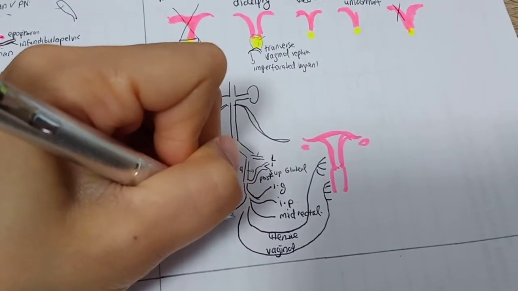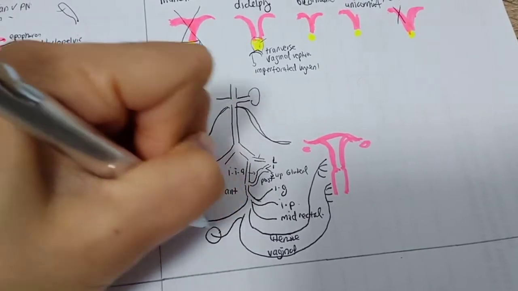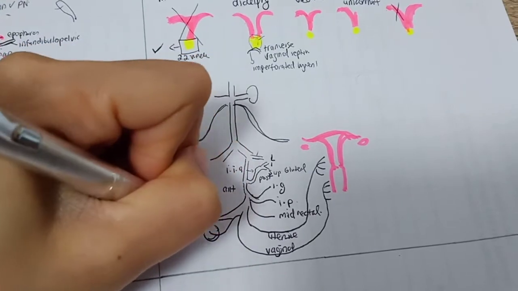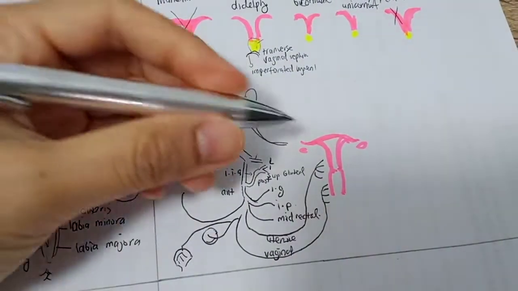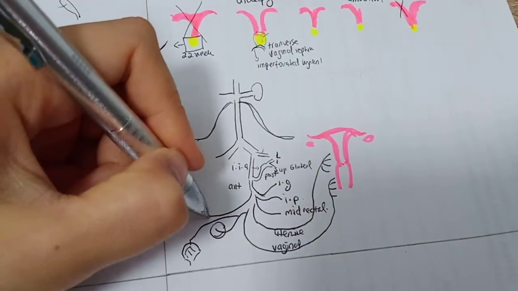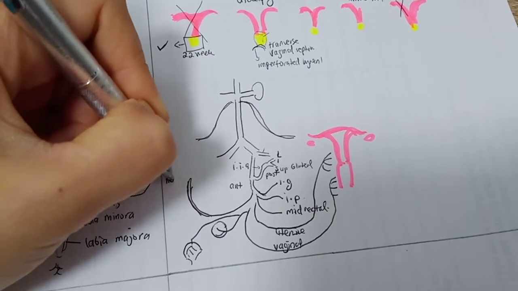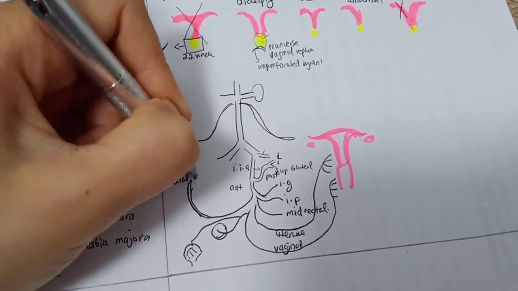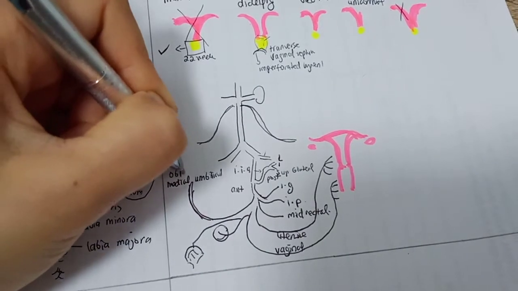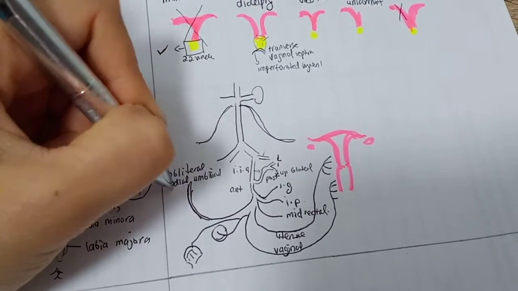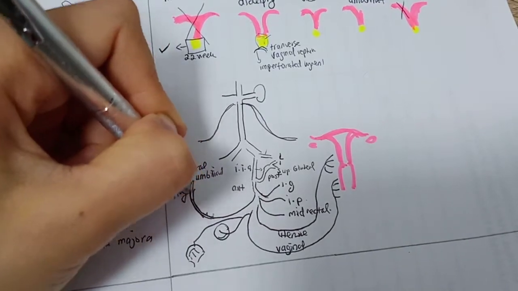And after that, we have the obturator, and the superior vesical giving to the bladder, and lastly the medial umbilical, or we call it the obliterated medial umbilical artery. This is the remnant.